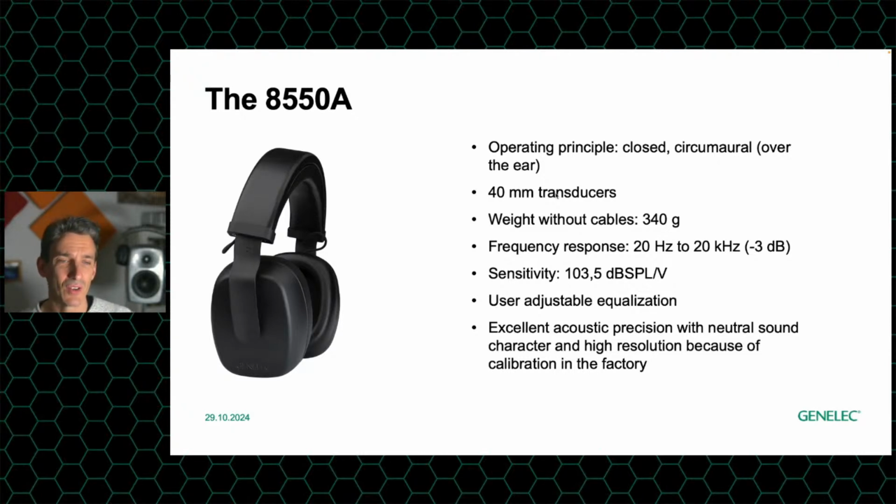And if we think about being able to, for example, do some tweaking to a mix in an environment that is not perfectly silent, we thought it might be a better idea to have this isolation by using a closed design. I can already tell you, I think luckily it does not sound like a typical closed design, because a lot of closed headphones have the problem, or some manufacturers would say the advantage, of giving you a lot of bass.